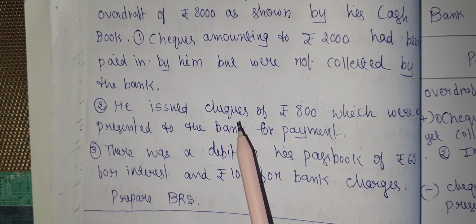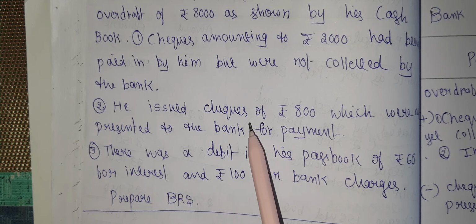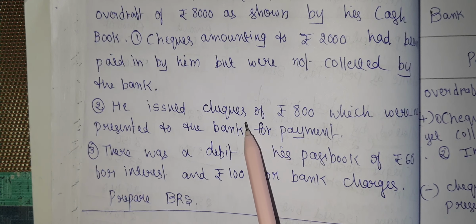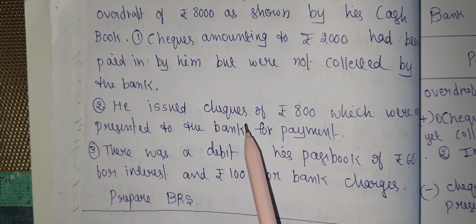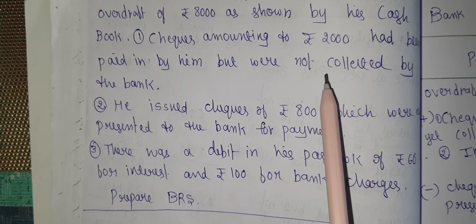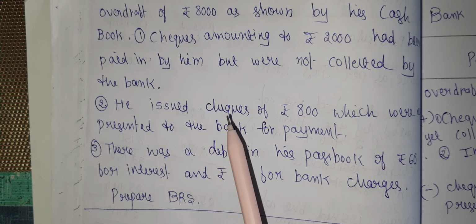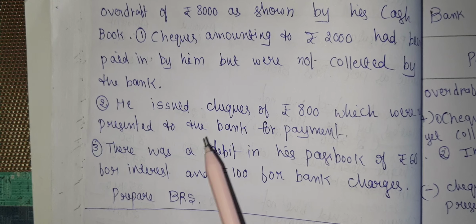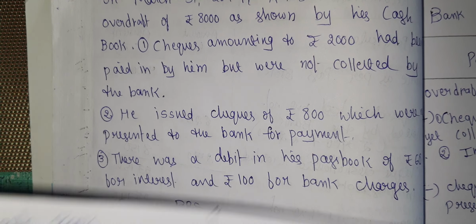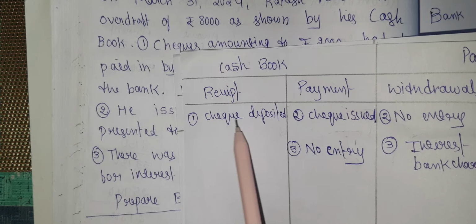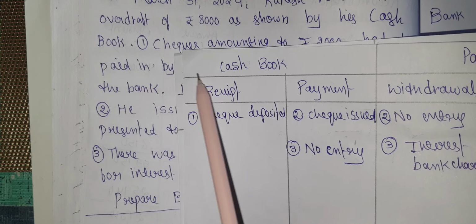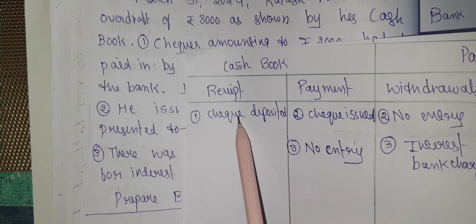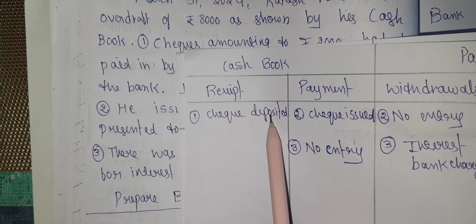It means this is a check deposited by Rakesh, but it is not yet collected or charged by the bank. What is the first step? Check deposited, in the cash book. On the receipt side, that is the debit side, we enter the transaction, check deposited.